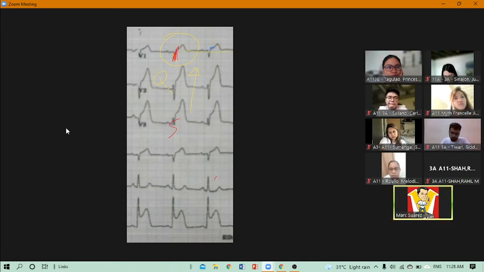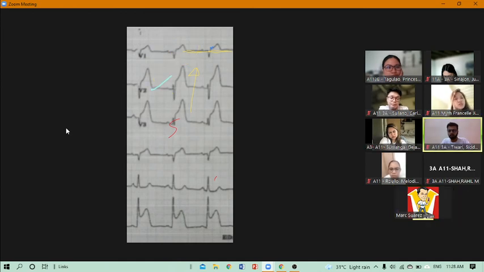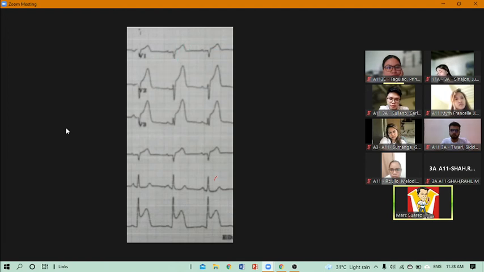Is the J point elevated? Yes, Doc. So it is the consensus of the group that there is an ST elevation in V1.